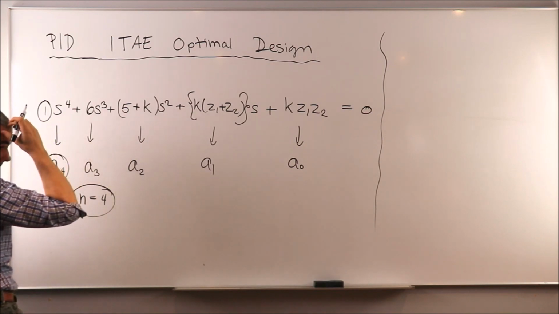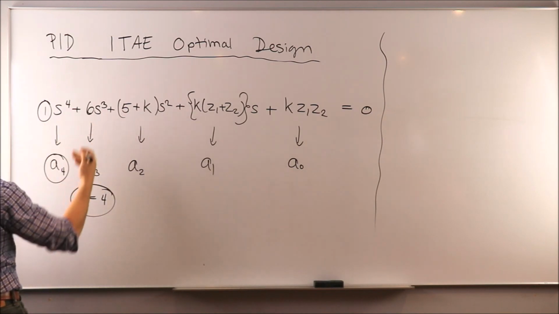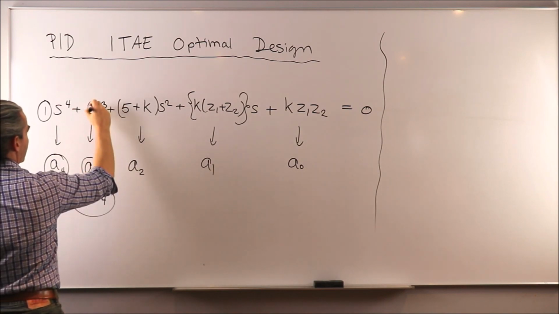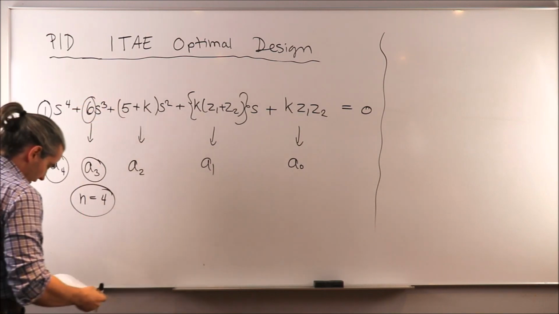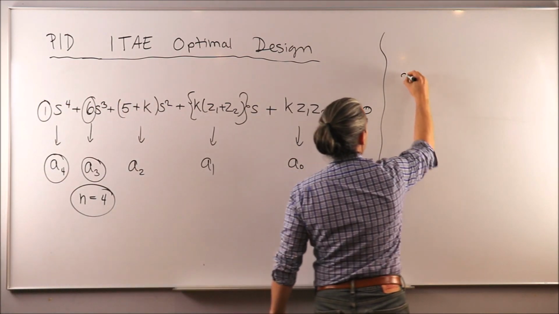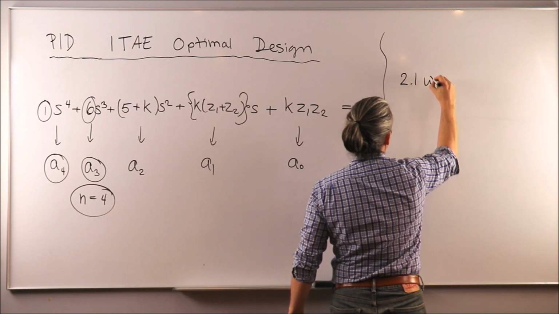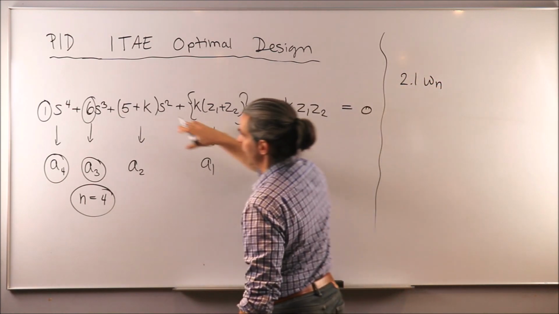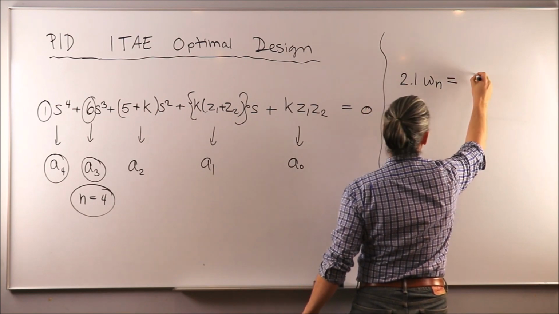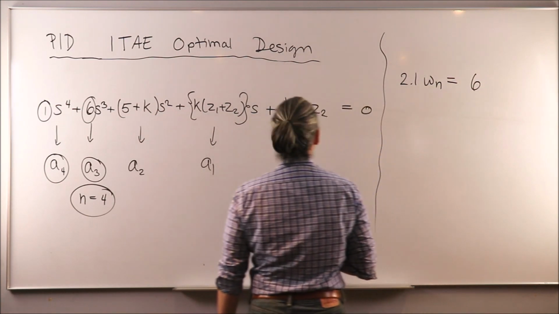Because according to the table, it's just equal to 1. So 1 equal to 1 doesn't help me. My A3, according to the table, was 2.1 times omega n. 2.1 omega n. But now my A3, according to what we have here, is 6. All right?